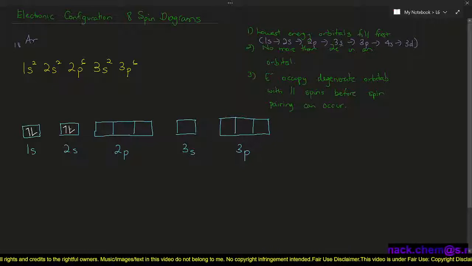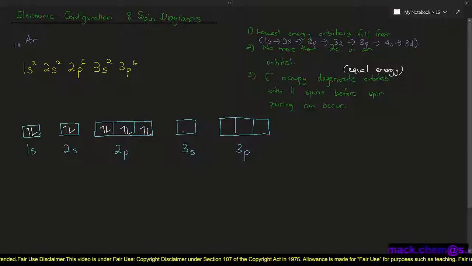We go to our 2p subshell, where electrons will occupy these degenerate, or equal energy, orbitals singly before pairing up. So I have 6 going into my 2p subshell, and it's going to go in this order: 1, 2, 3. So electrons will fill in with parallel spins before spin pairing occurs.